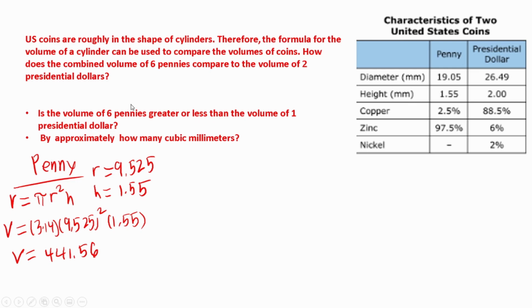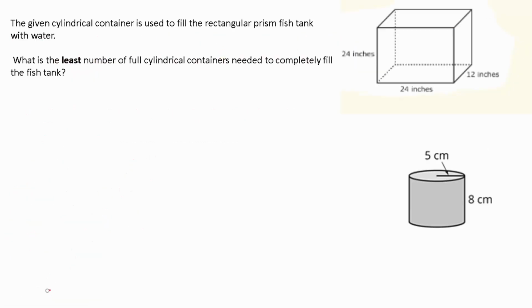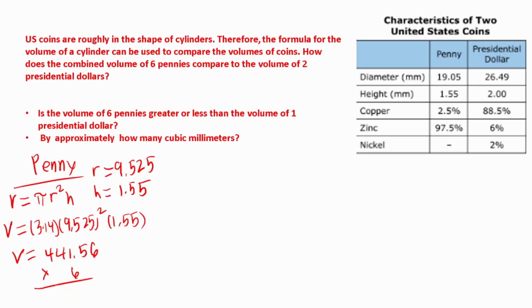But we want to know for 6 pennies, right? So times 6, which will give me 2,649.36. That's for my pennies.